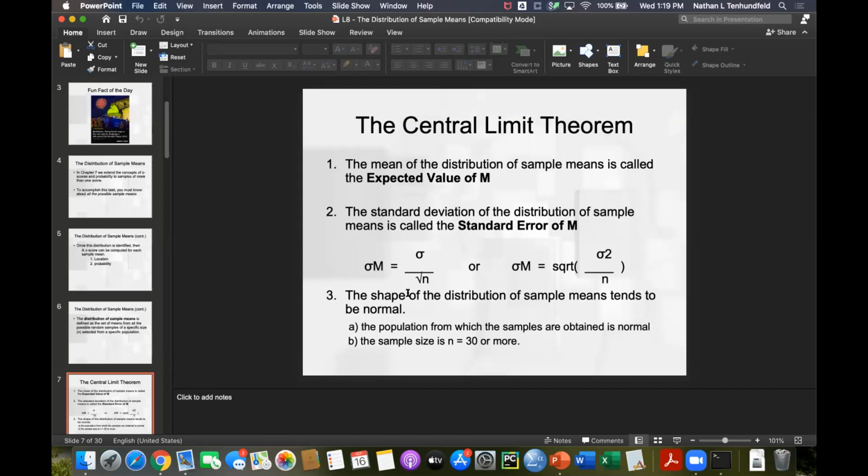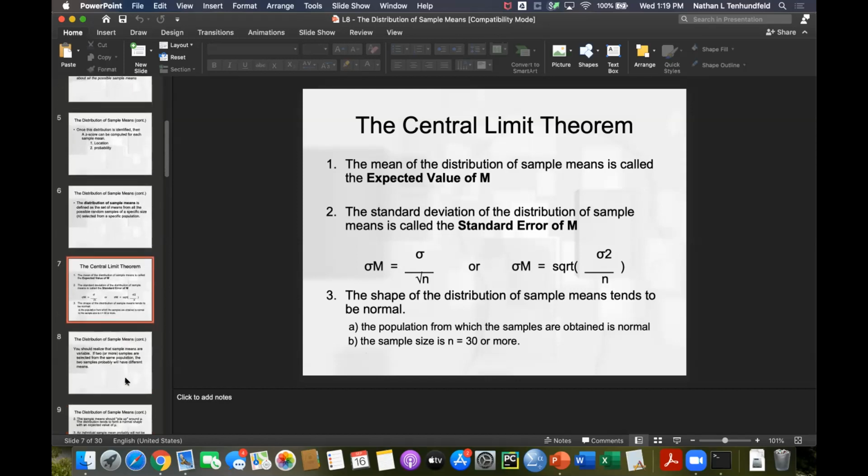The shape of the distribution of sample means tends to be normal if the population from which the samples are obtained is normal and the sample size is roughly 30 or more. And so there are some critical assumptions that are made when using what are known as parametric statistics, like we're going to be covering this semester.